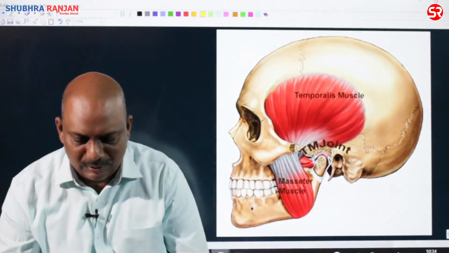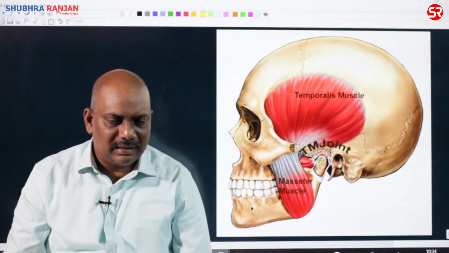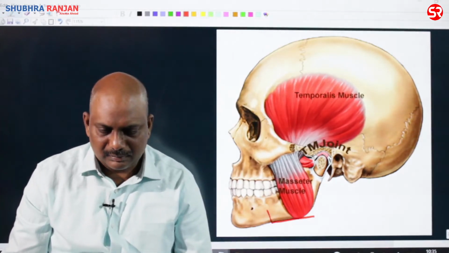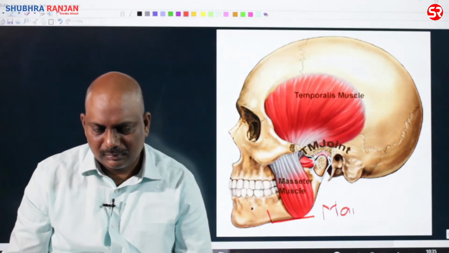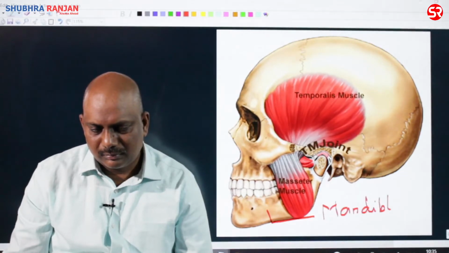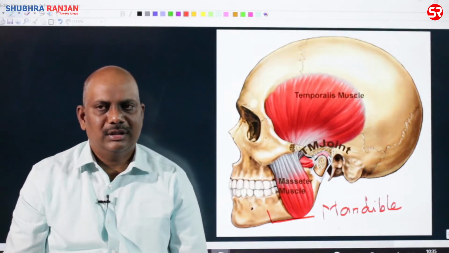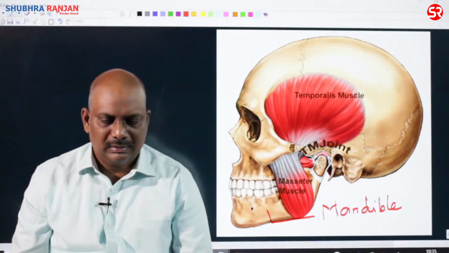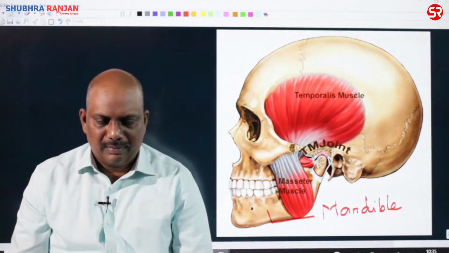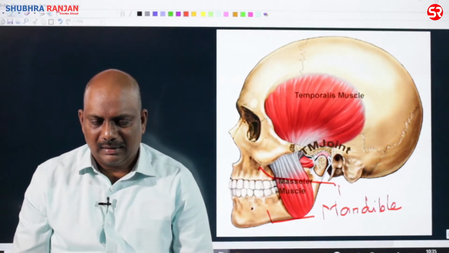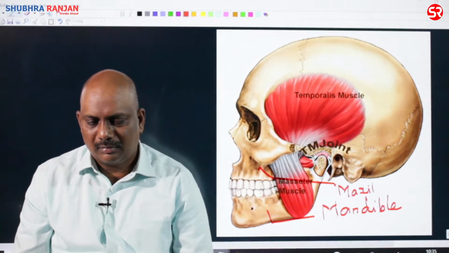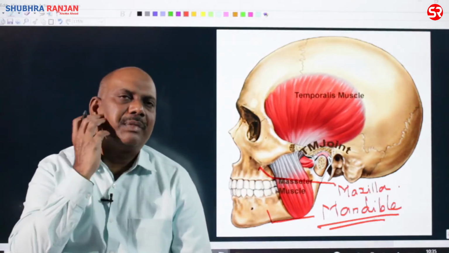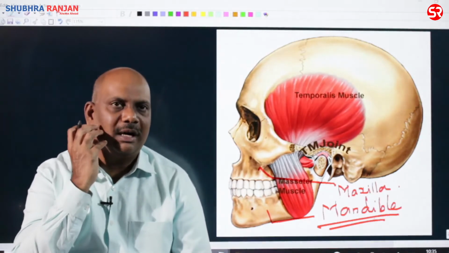I told you, the lower jaw is technically called the mandible, and the upper jaw is called the maxilla. So the mandible is very important. The lowermost portion, the lower jaw, is called the mandible.